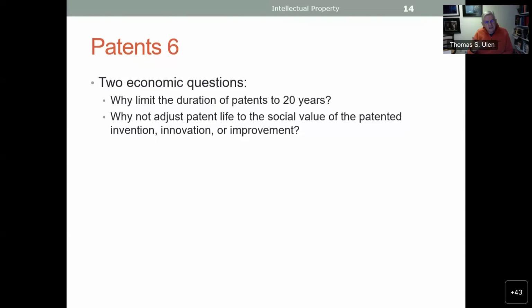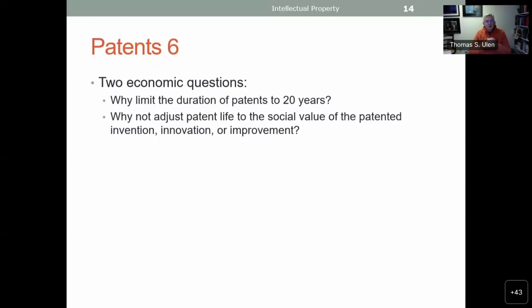But if there is something that's very difficult to innovate or invent, that may require the extraordinary expenditure of resources, the 20-year patent may not be long enough to repay the costs of developing that incredibly important innovation.